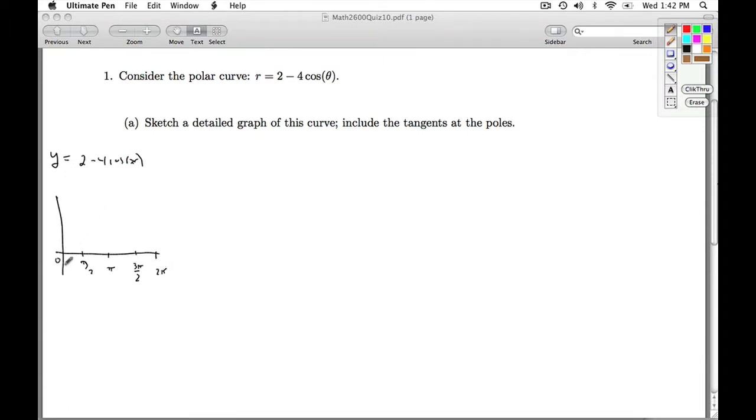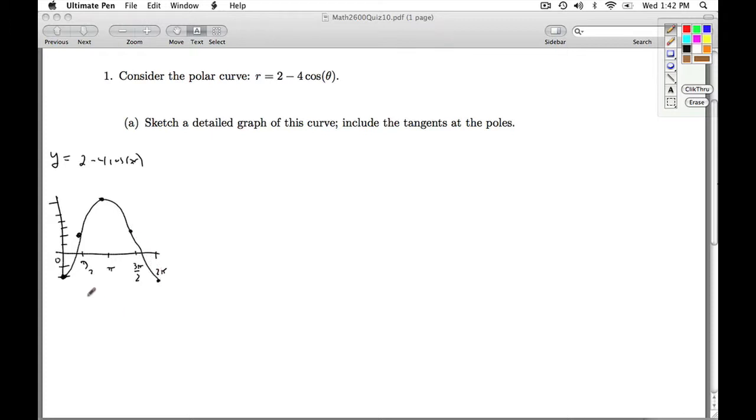I substitute 0 in, I find that I'm already down at negative 2. I substitute in pi over 2, I'm up at positive 2. I substitute in pi, I'm up at 6. At 3 pi over 2, I'm back to 2. And at 2 pi, I'm back to negative 2. So now I connect the dots in the pleasing cosine fashion, like so.